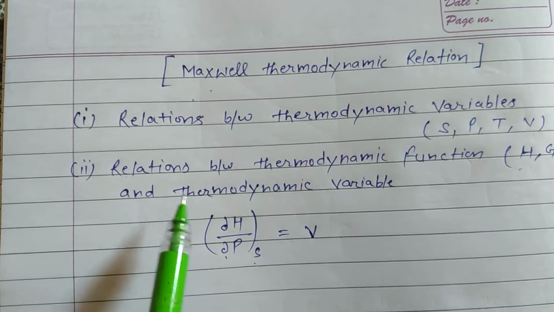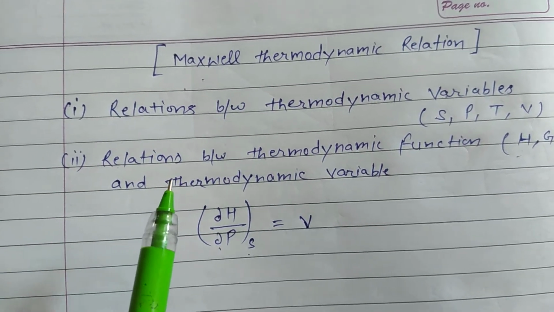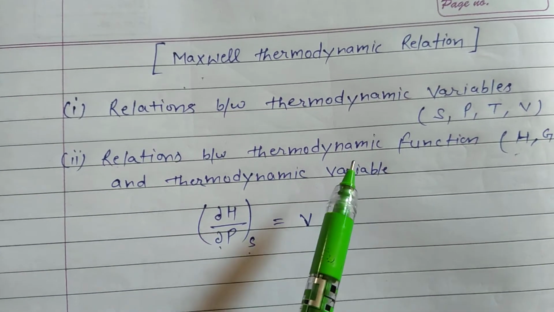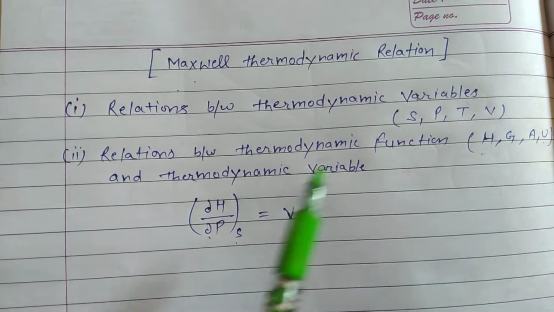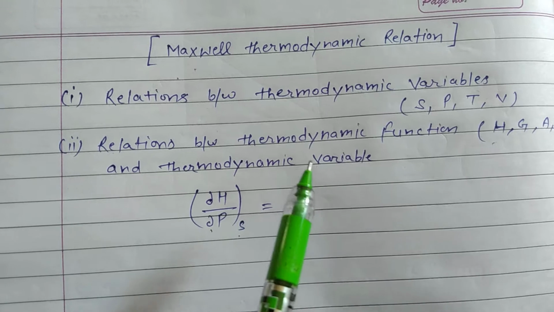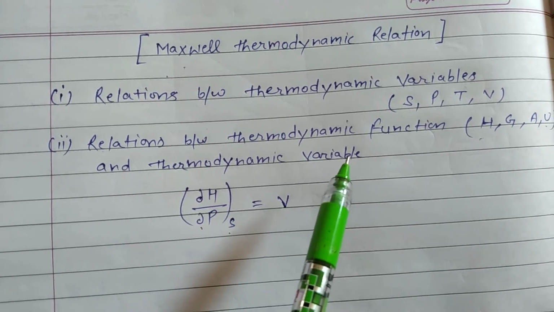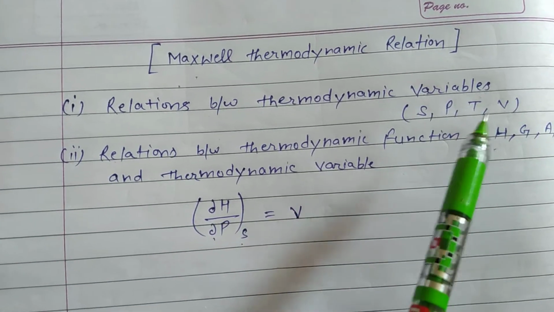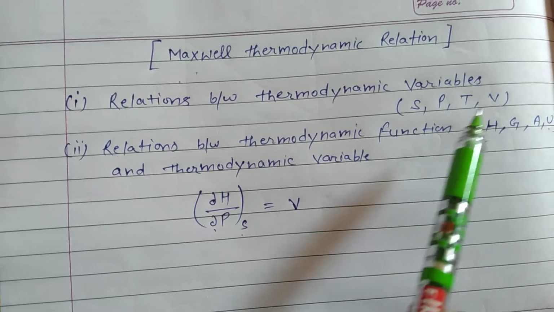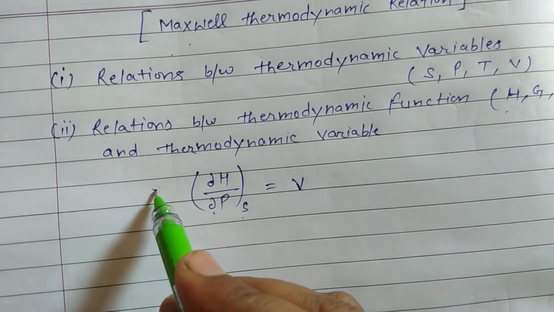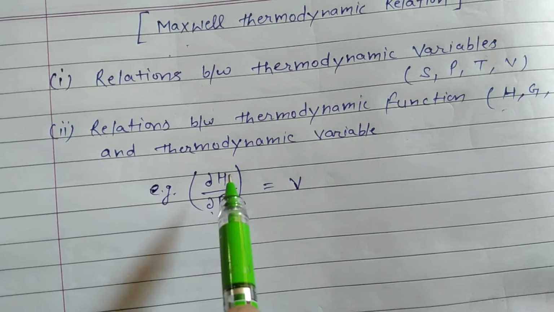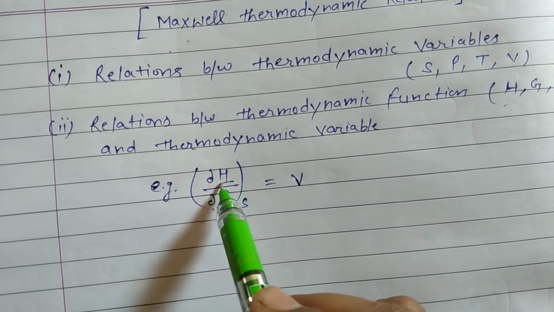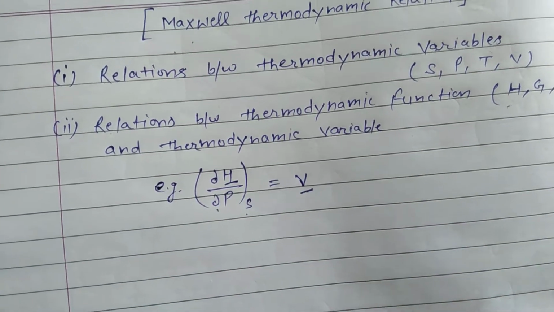The remaining portion is that they can also ask about the relation between thermodynamic functions like enthalpy, Gibbs free energy and internal energy with their thermodynamic variables like entropy, pressure, temperature and volume. For example, this is one of the examples of the relation between thermodynamic function and thermodynamic variables.